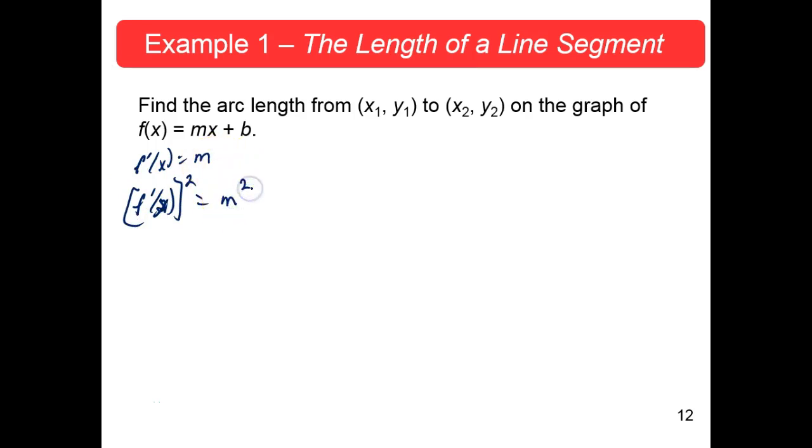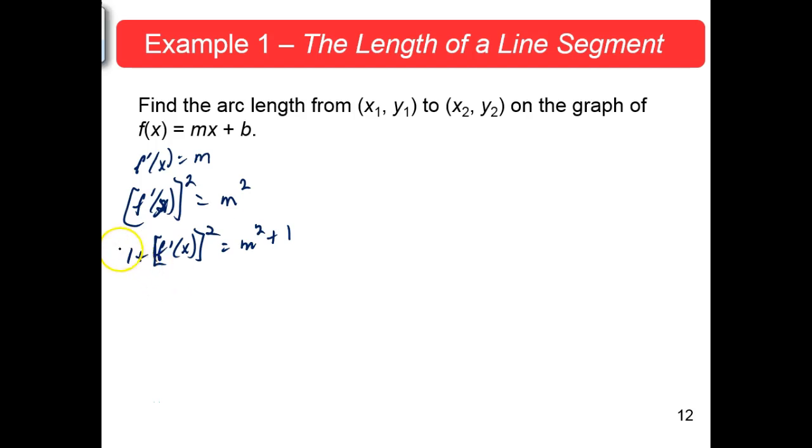Good deal. What's the next thing you're going to do to it? Add 1. So 1 plus f prime of x squared is m squared plus 1, or 1 plus m squared. It doesn't matter.